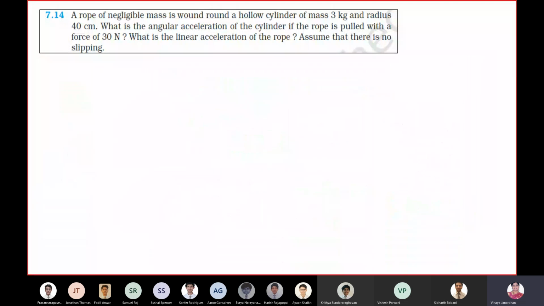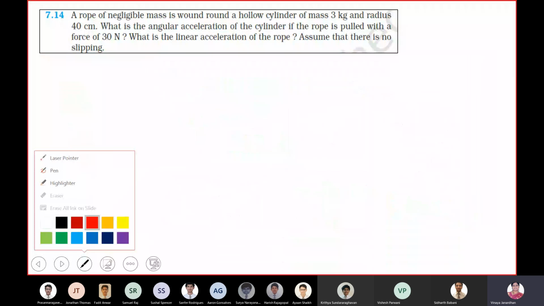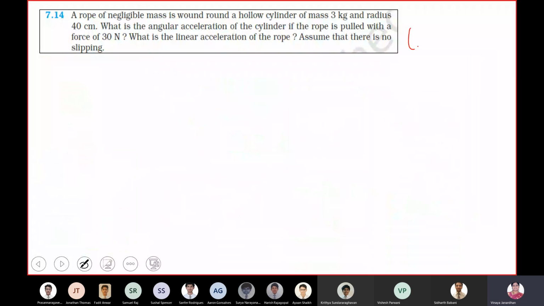If you all have doubts, boys, theta is angular displacement, that is in radians. Omega is angular velocity, that is radians per second. Angular acceleration is omega by t, so that will be radians per second squared.